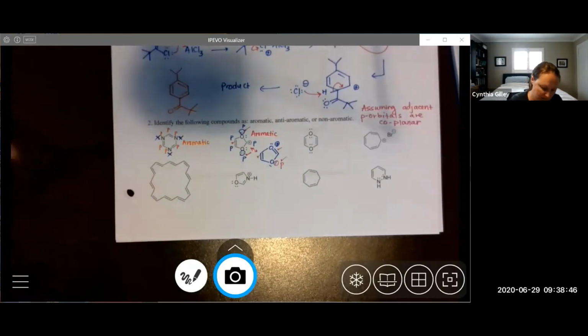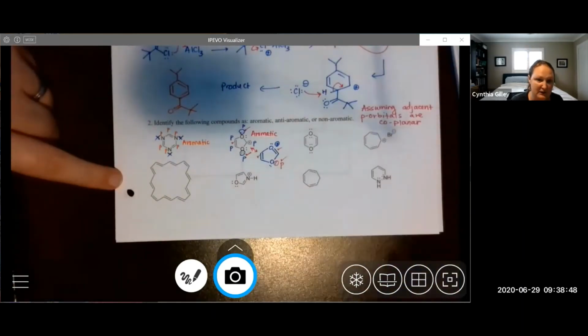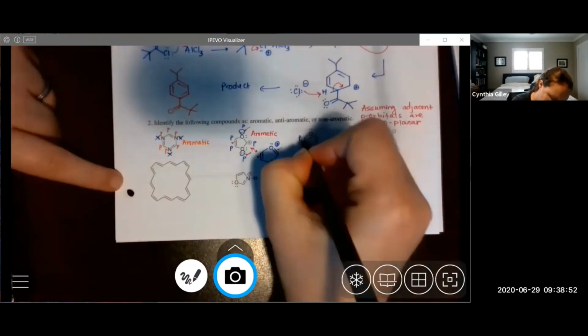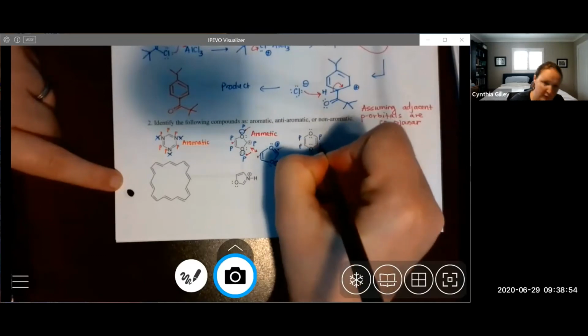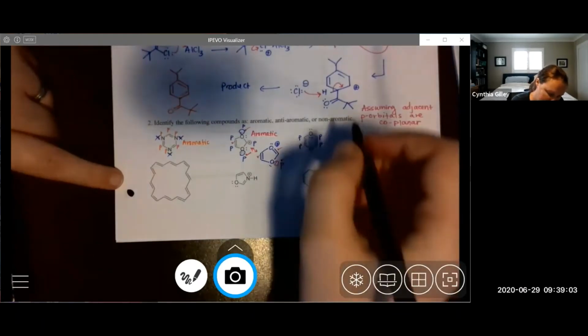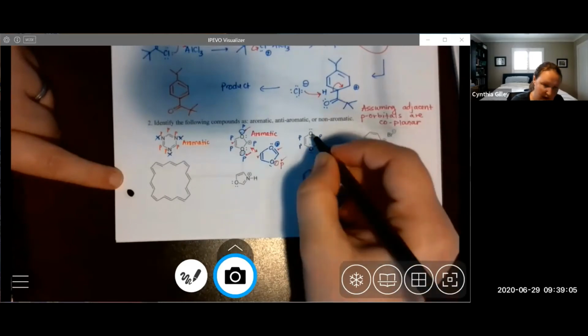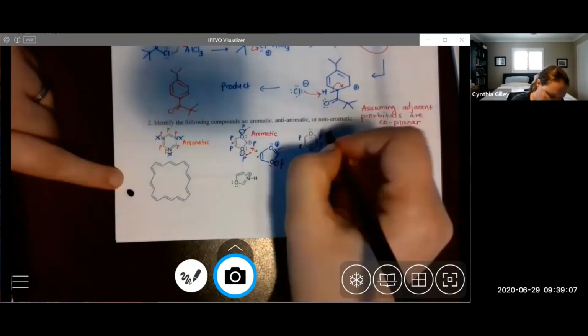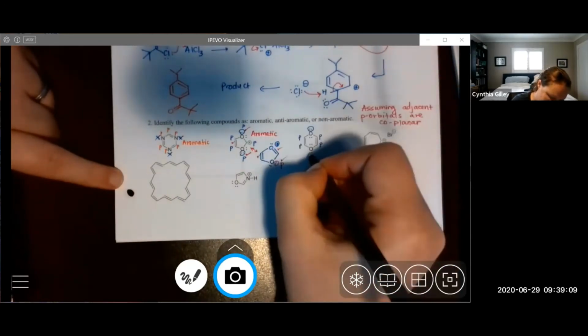So the next one, we have kind of a similar situation with the oxygen atoms. So we have p orbitals everywhere where there's a pi bond. And then in order for this to potentially be aromatic, you would have to have a p orbital at both oxygens, which would mean one of these lone pairs on each oxygen would need to go into it.